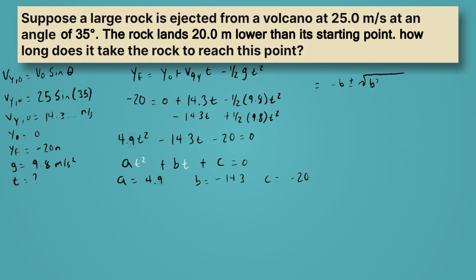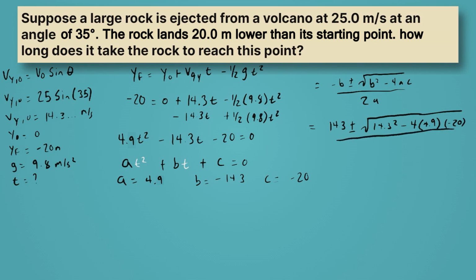So when we plug in negative b, where b was minus 14.3, when we take the negative of it, we'll get 14.3 plus or minus the square root of that same b, 14.3 squared, minus 4 times our a, which was 4.9, times our c, which is minus 20. And that's all under that radical, all divided by 2a, which is 2 times 4.9.